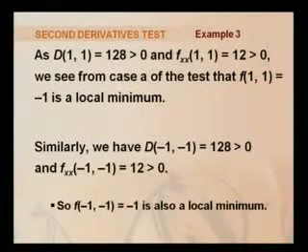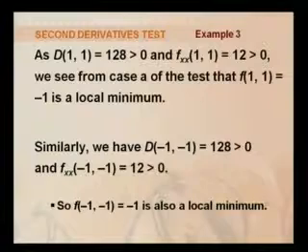In the same way, for the second critical point (1, 1), if we take the value of D, then D is equal to 128, which is strictly greater than 0.